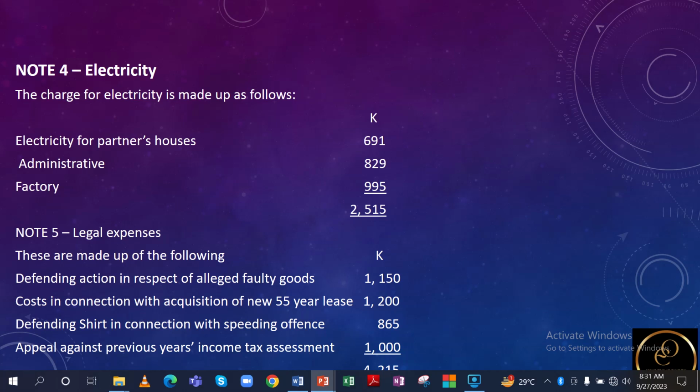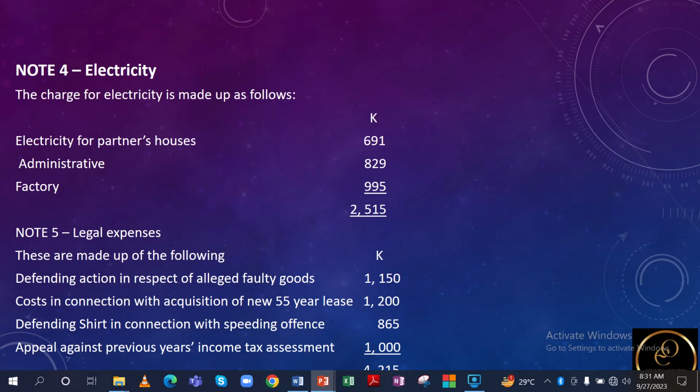Then also there is the cost in connection with acquisition of the new 55-year lease, 1,200. Again, that is a capital expenditure. This cost is at the start, so this type of legal cost is capitalized, and the rule tells us that for expenses to be allowable, they should be revenue and not capital in nature. Since this is a capital expenditure, it is disallowed, added back.